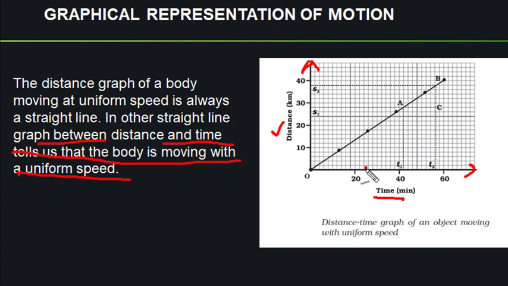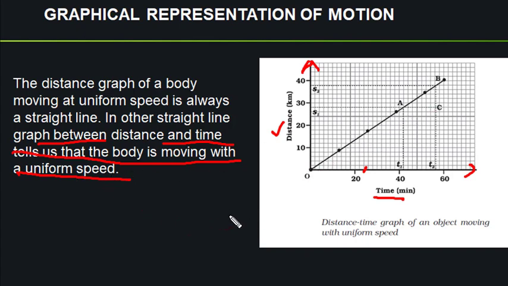Similarly at this point, the distance traveled is 20 kilometers and this is the time on the x-axis. So if you take this point on the x-axis, this will give you the time, and if you take it on the y-axis, it will give you a distance. So remember, if the distance-time graph is a straight line, then this is uniform speed.